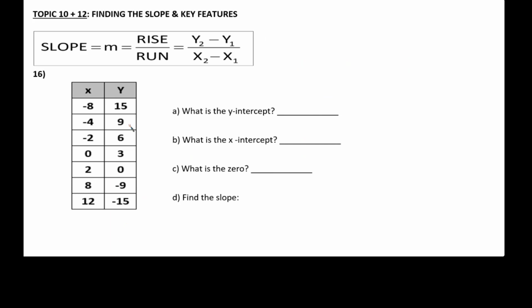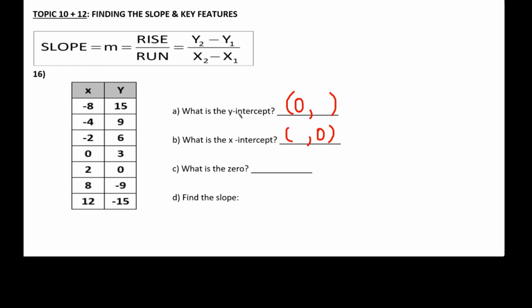The next set of problems is asking us to find the different features of a table, one of them being the Y-intercept. So please remember, the Y-intercept always has 0 on the first coordinate, and the X-intercept always has 0 on the second coordinate.